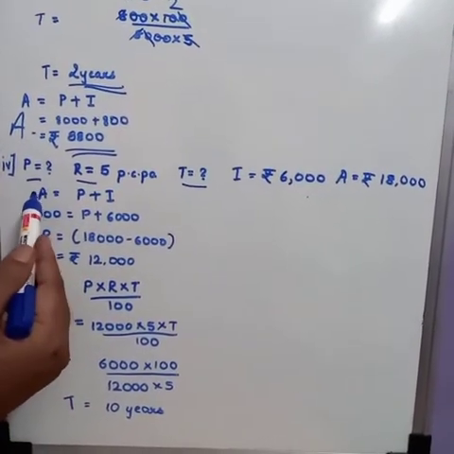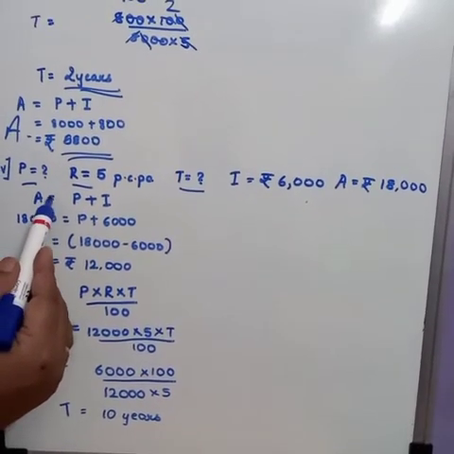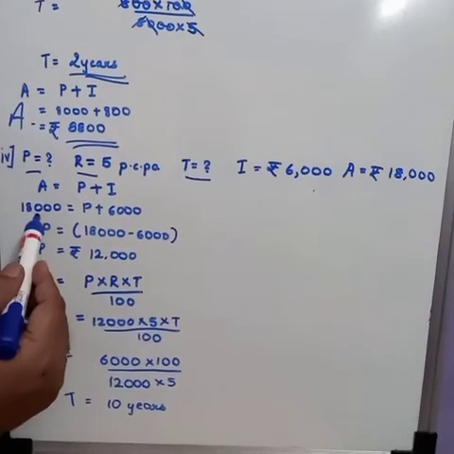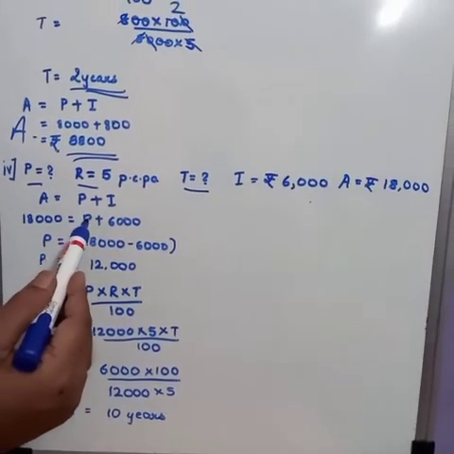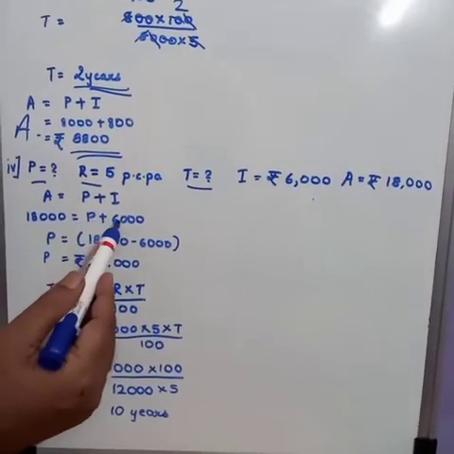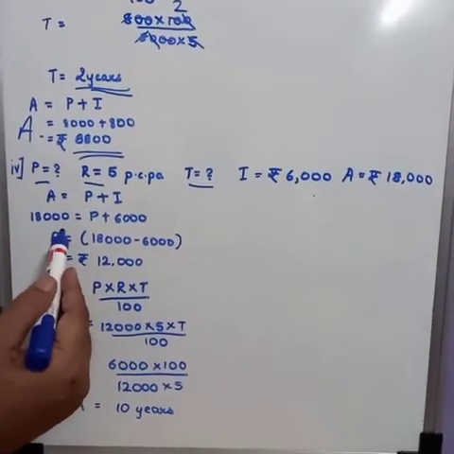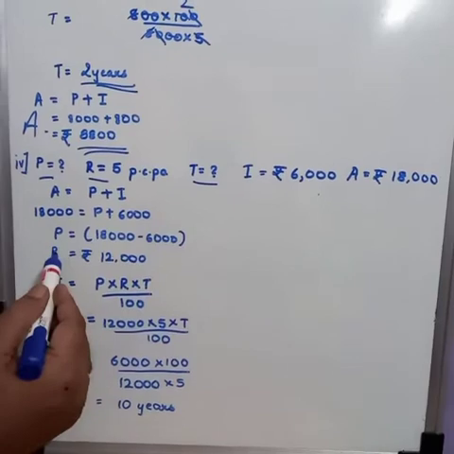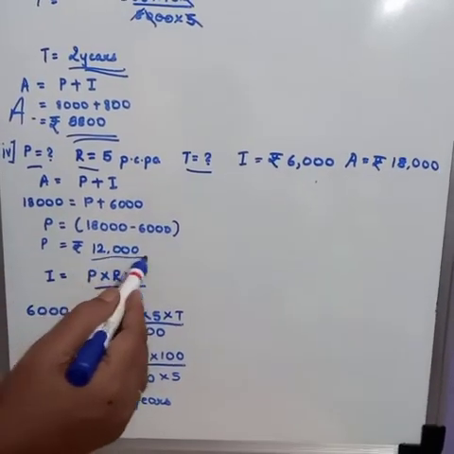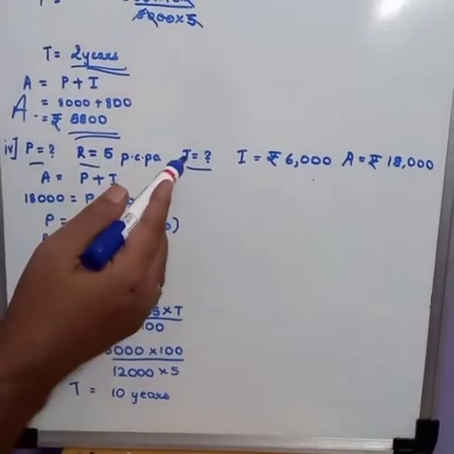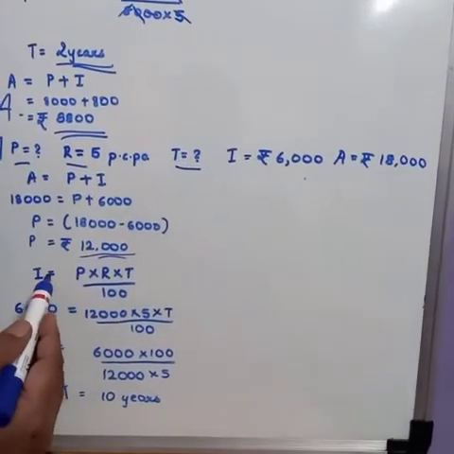For that we'll use the amount formula, that is A is equal to P plus I. What is our amount? That is 18,000 is equal to P, we don't know, plus interest 6,000. So 18,000 minus 6,000, we get the principal, that is 12,000. Principal we get 12,000. Now for time we'll use the same formula.